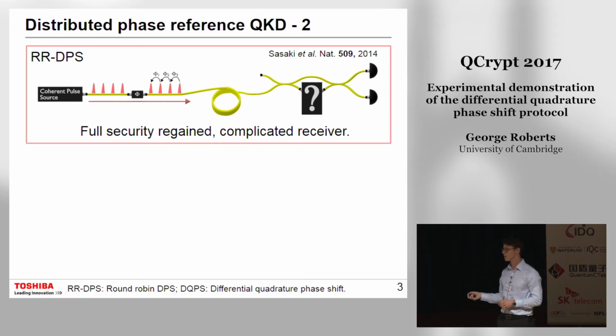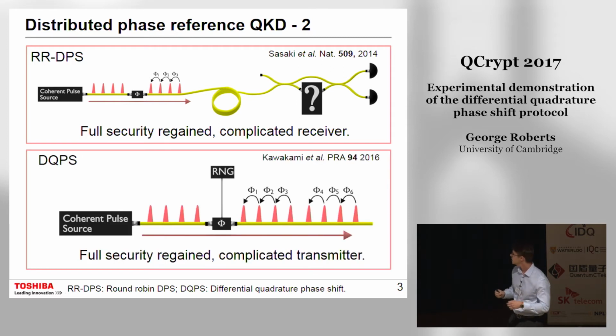Whilst this has a very elegant security proof, and a number of innovative groups have come up with methods of implementing it, it is quite complicated. Designing this interferometer is very complicated, and it strays away from the idea of DPR protocols wanting to be a simpler implementation.